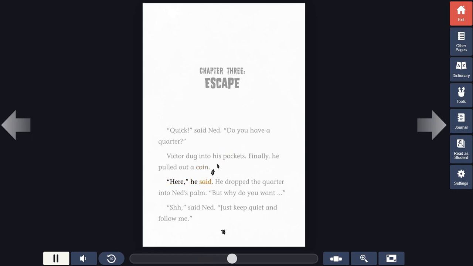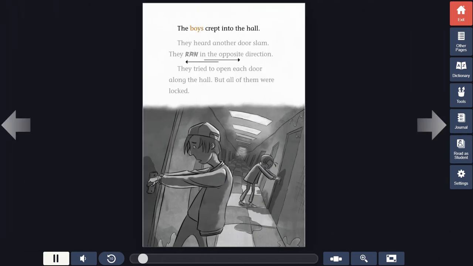Here, he said. He dropped the quarter into Ned's palm. But why do you want... Shh, said Ned. Just keep quiet and follow me. The boys crept into the hall. They heard another door slam. They ran in the opposite direction. They tried to open each door along the hall, but all of them were locked.